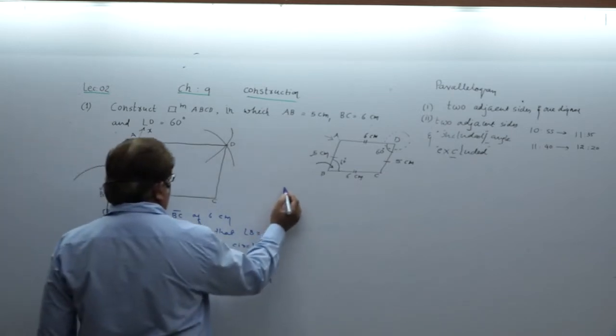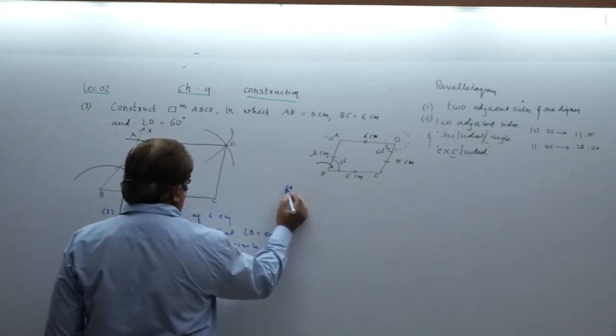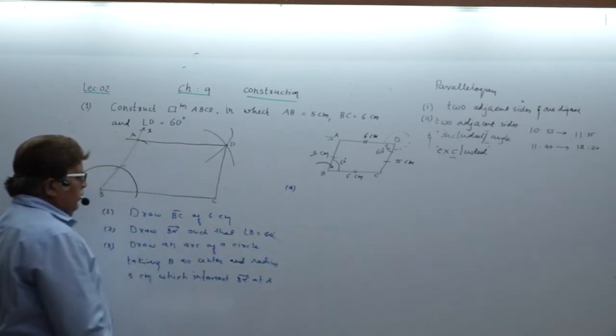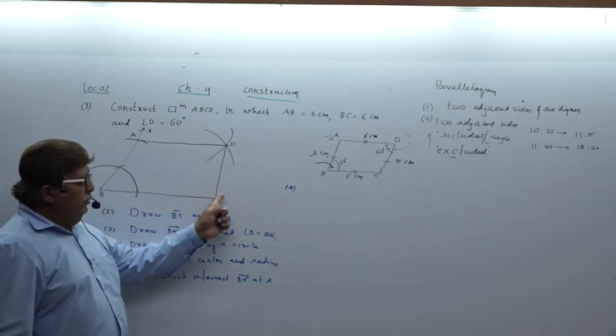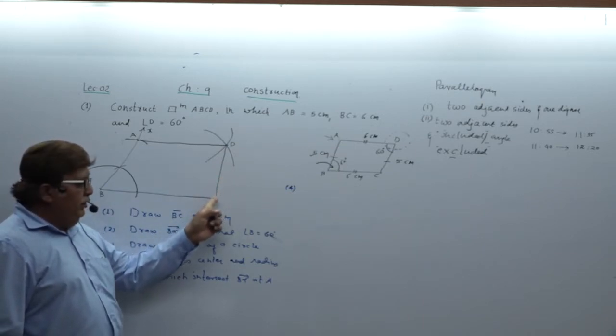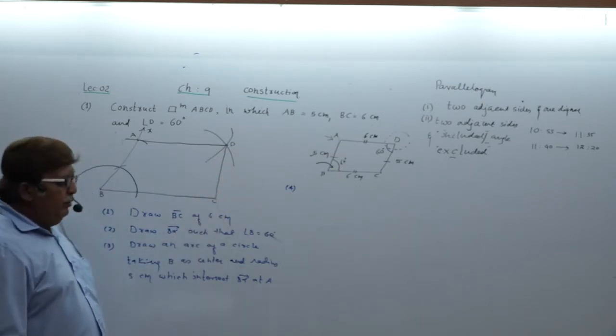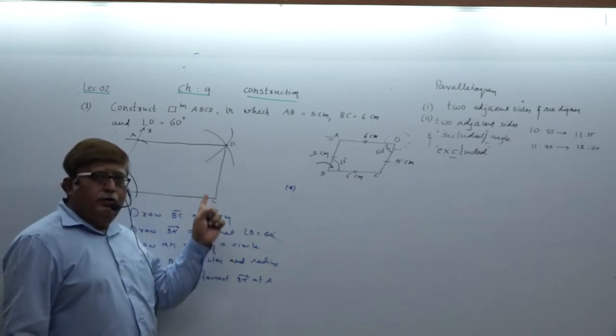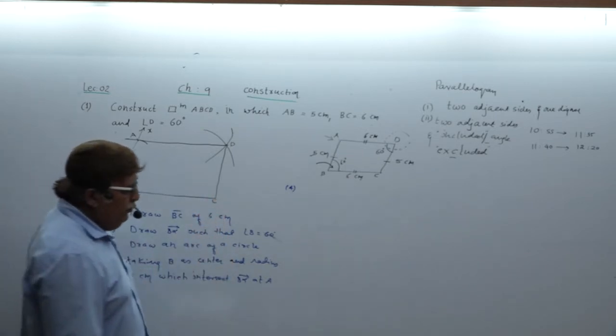Now the fourth step, when you write, you all know very well. We have taken radius of 5 centimeter and we have centered the compass at point C. So C will be the center for us.